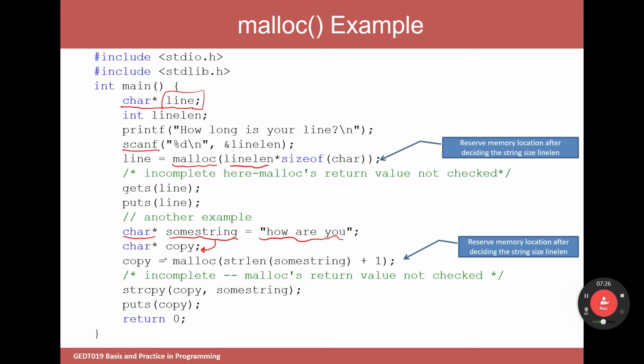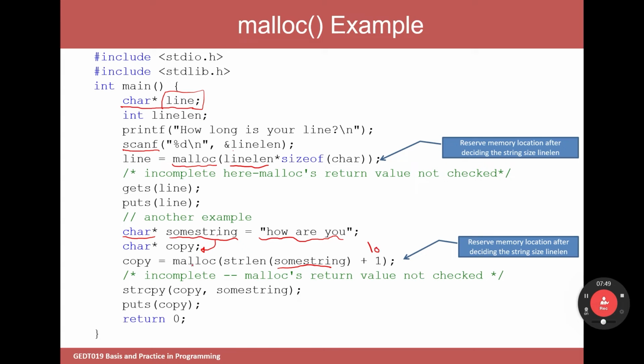So what I will do, I will use malloc to reserve memory, and this memory equals what? It is equal to the number of characters. You know, this one we studied last time, string length. So we will calculate the string length of some string, plus 1. This plus 1 is for the null character, okay?